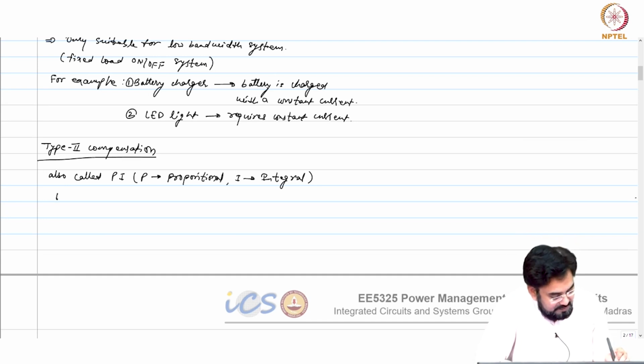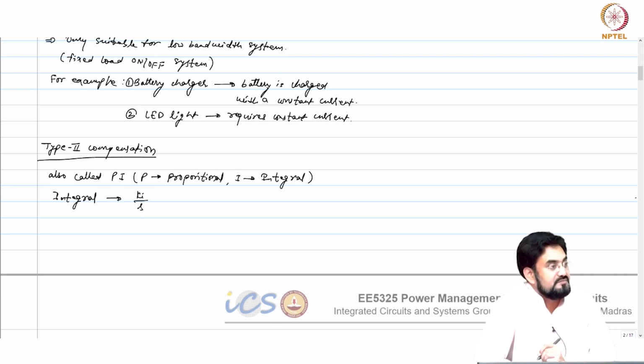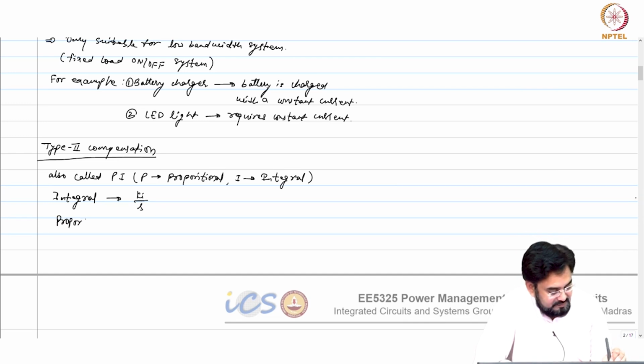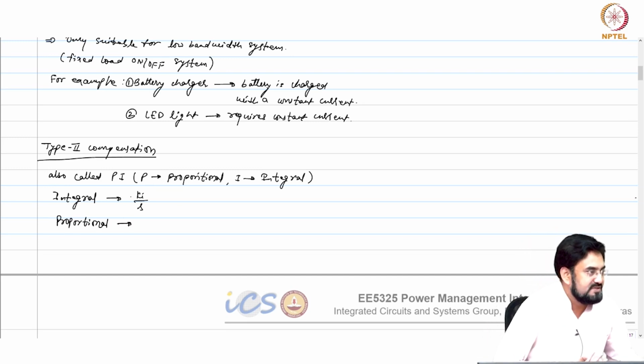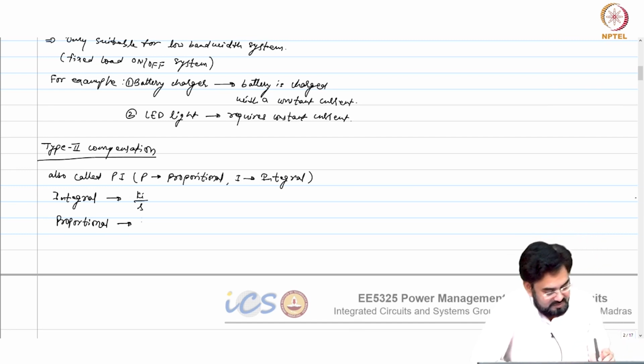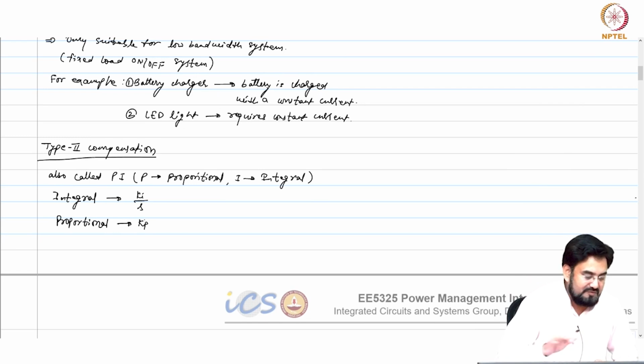Okay. So integral we already know, integral is nothing but Ki over S. Okay. Proportional should be proportional to that, which means it is a constant term. So I can call it Kp, there is no frequency term here.